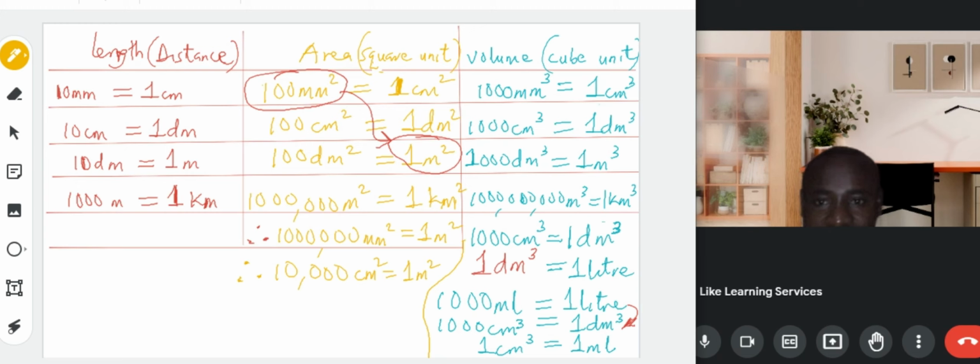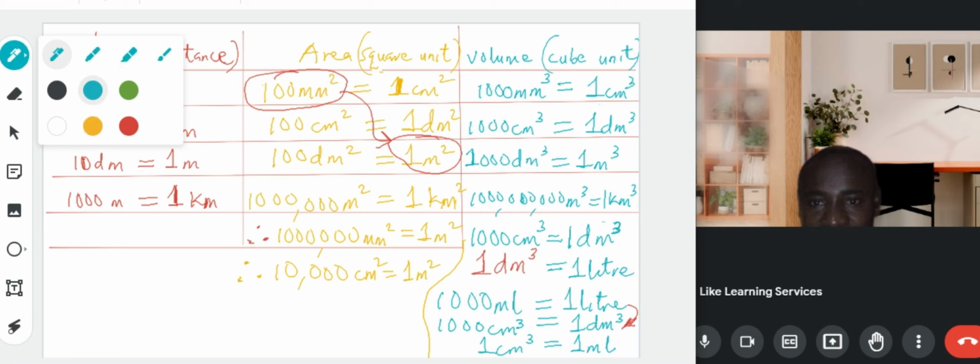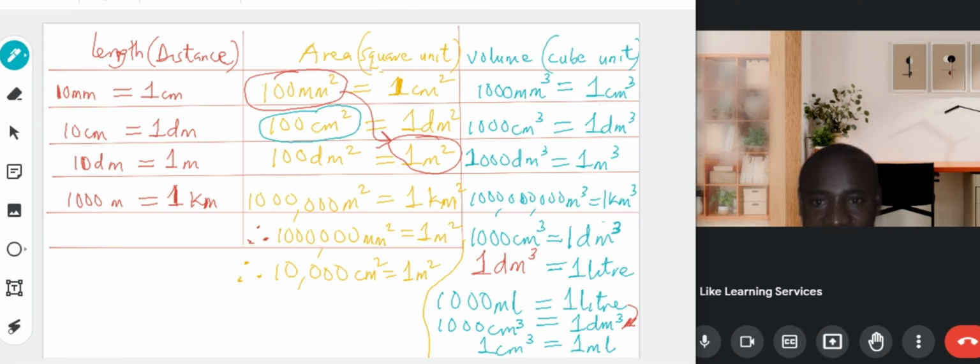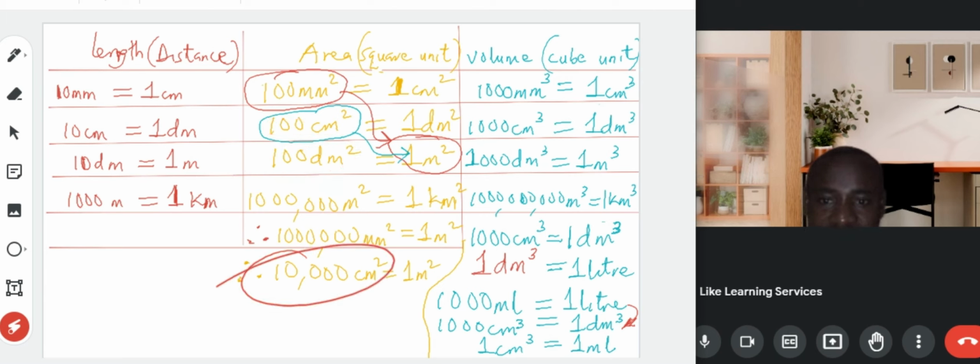This is how I got it: from decimeter squared straight to meter squared will be 100, and another 100. That's 100 times 100, which is 10,000. So 10,000 centimeter squared is 1 meter squared.